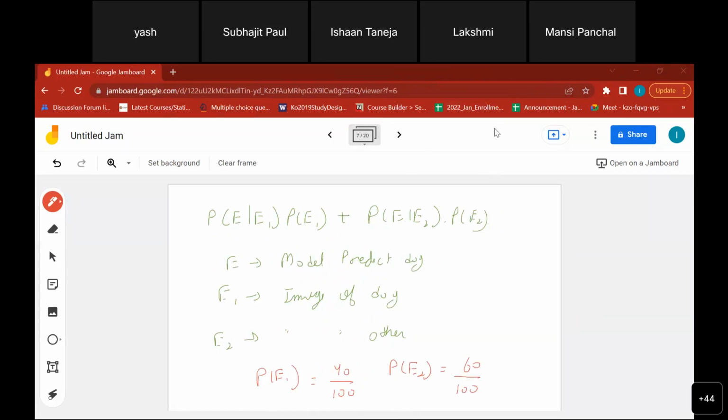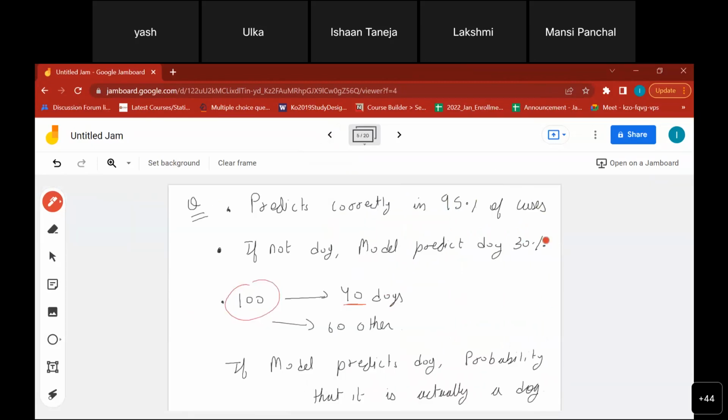No. Okay. Now what is the probability of E given E1? What is E given E1 firstly? How would you read it as an English statement? The model predicts it's a dog given that the image is of a dog. So what is the probability of it? 70%.